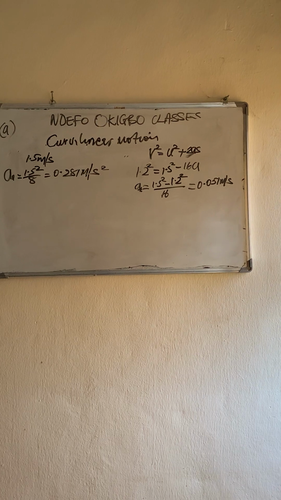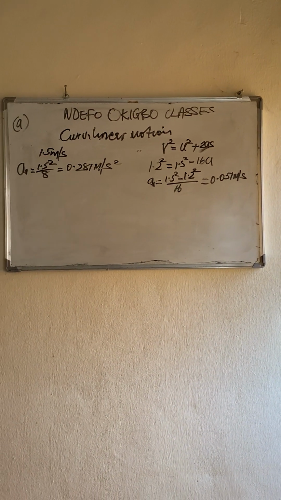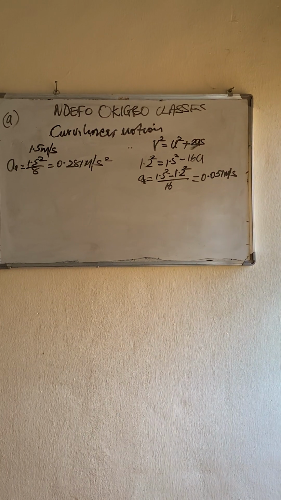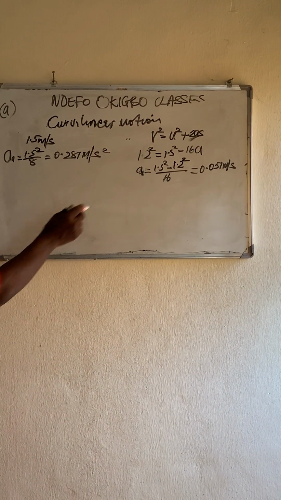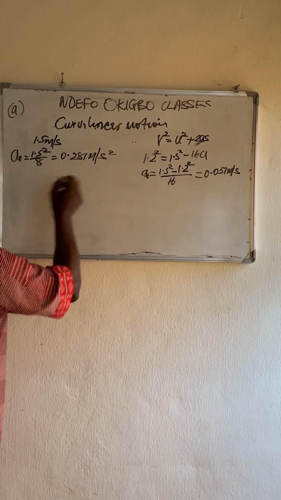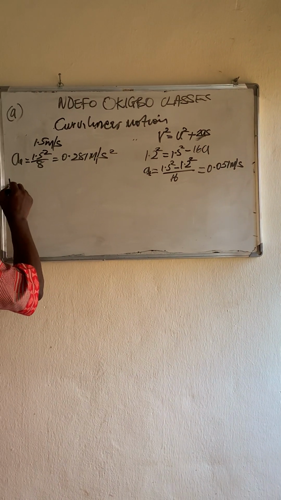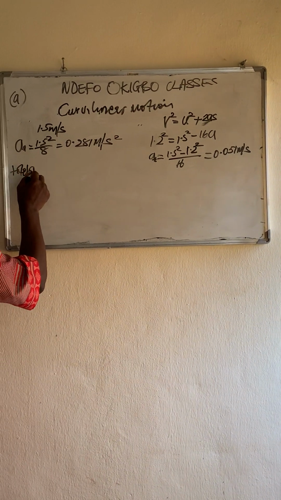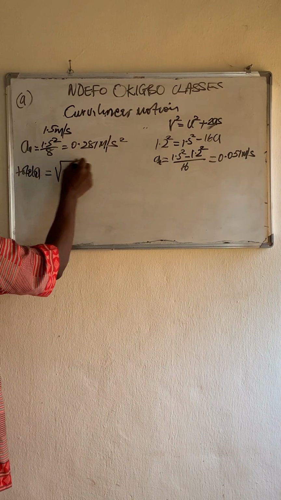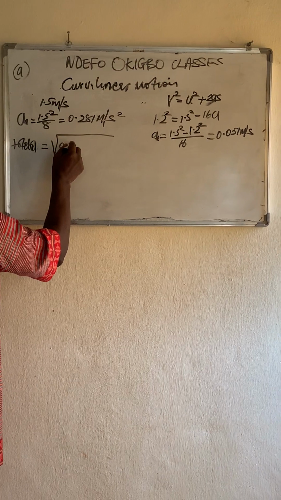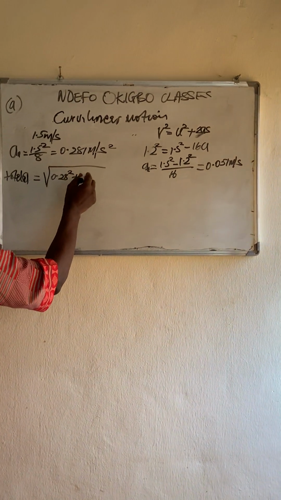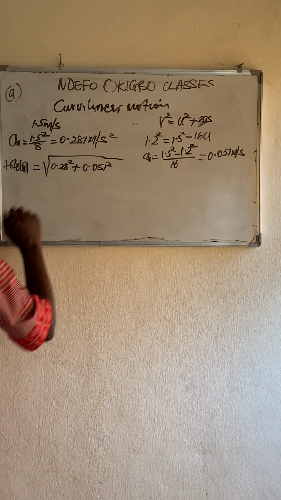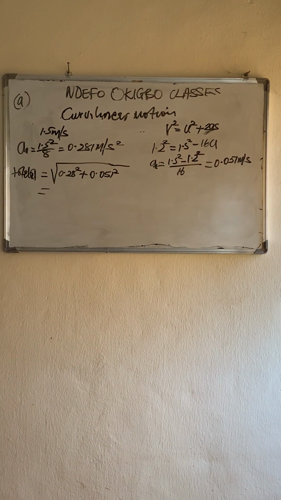So at the beginning of the journey, we can get the total acceleration. The total acceleration at the beginning will be the vectorial summation of the two, which is the square root of 0.28 squared plus 0.051 squared, the one we did earlier.